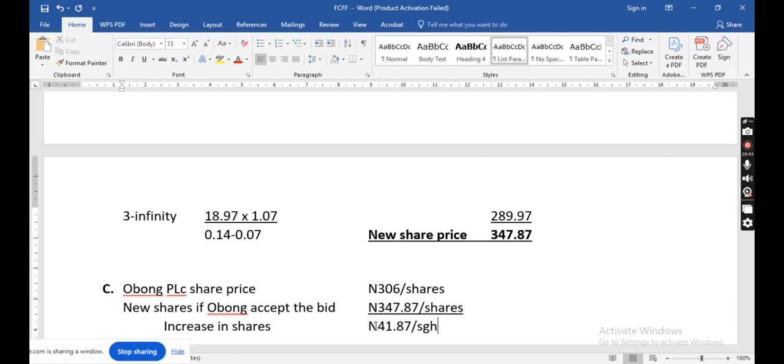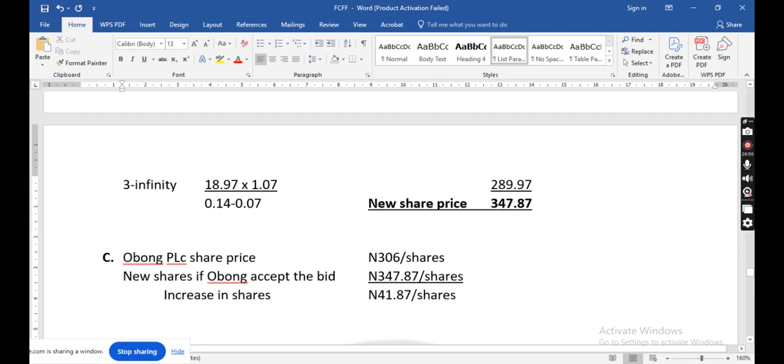41.87 per share. So this means that if there will be a consistent increase in the share price, Obong should accept the bid of Abdul. Why? I hope you are writing.